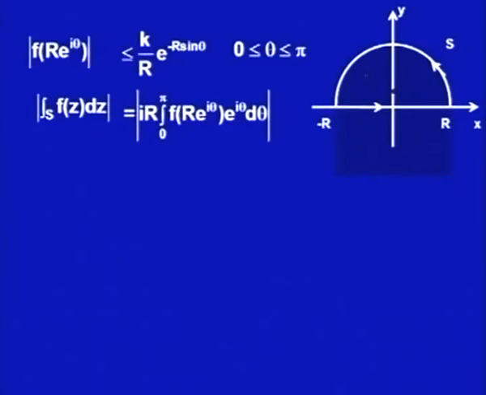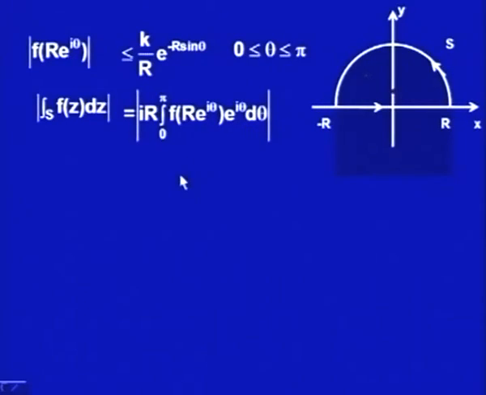So, I can take this i and r outside. Now, take the absolute value; say this is x and this is y, so it would be the absolute value of x into the absolute value of y. The absolute value of i r would be r only, and then the absolute value of the integral from 0 to pi of f of r e to the power i theta times e to the power i theta d theta.